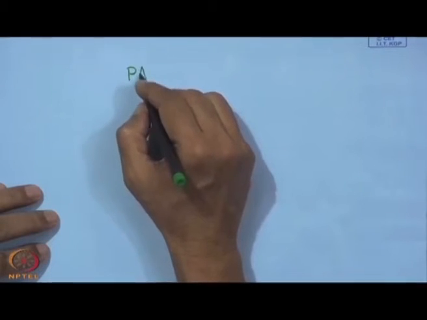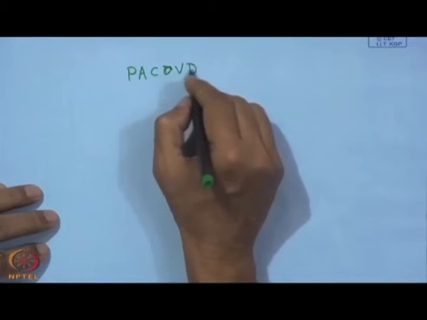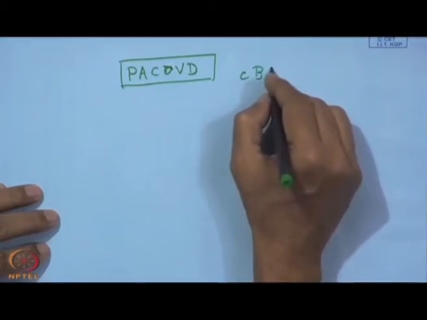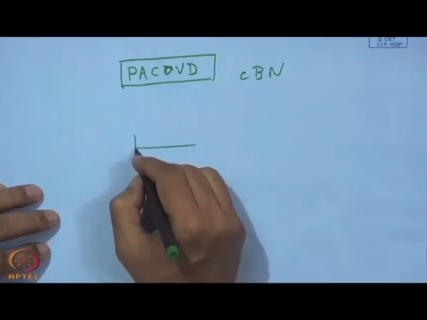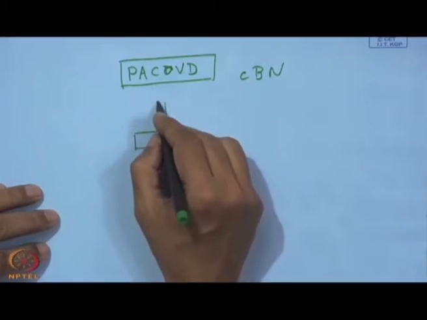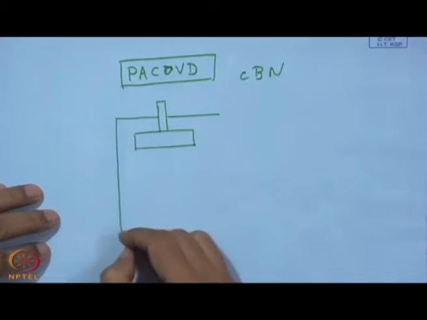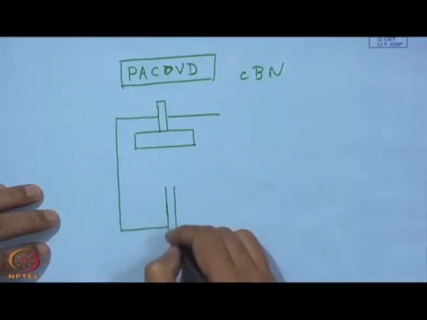Now, what we can show here is the use of plasma enhanced CVD of CBN. So, what is done in this case? A substrate is put like this in a CVD chamber, and we have admittance of gas.